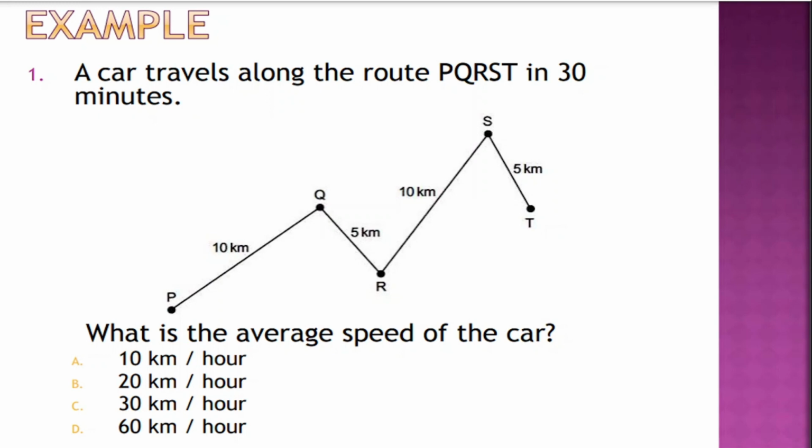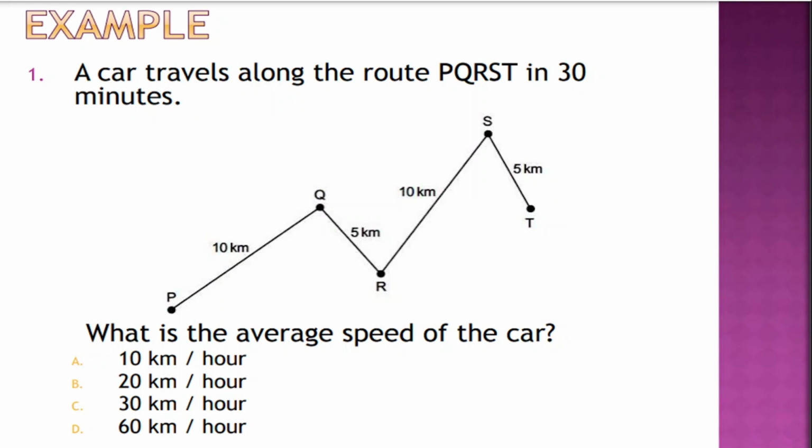And how do we change the time from minutes to hours? We simply divide by 60, because we know that in 1 hour there are 60 minutes. As we are converting a smaller unit, minute, to a bigger one, hour, we have to divide by 60. So we know that 1 hour is equal to 60 minutes.